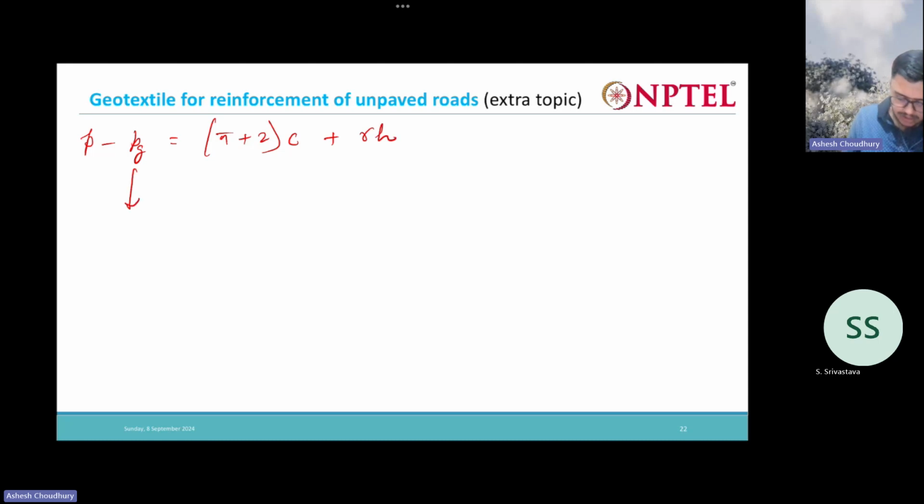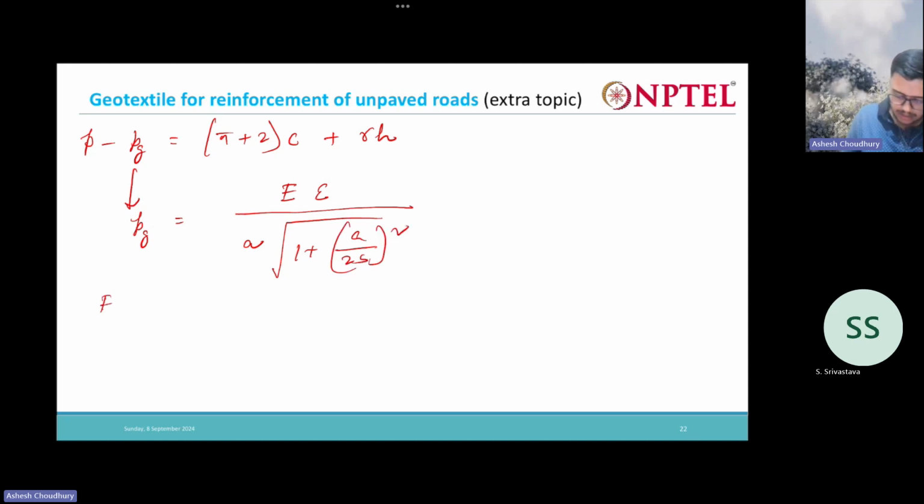Now what is this PG? PG is nothing but E, the elastic modulus of the reinforcement, into strain elongation by A, the geometric property that you may remember from the figure, A root over 1 plus A by twice S whole square.